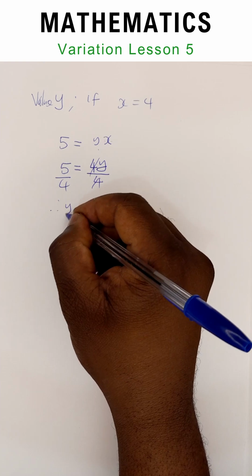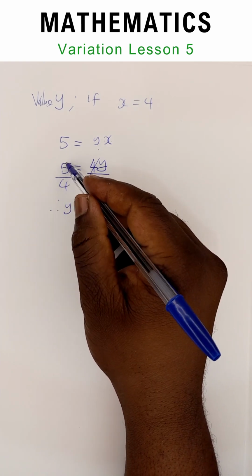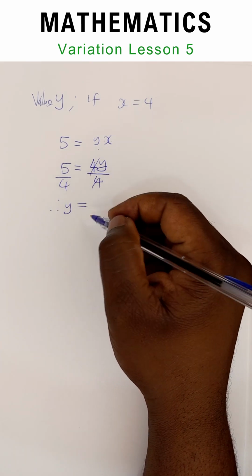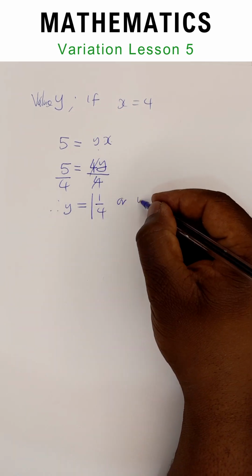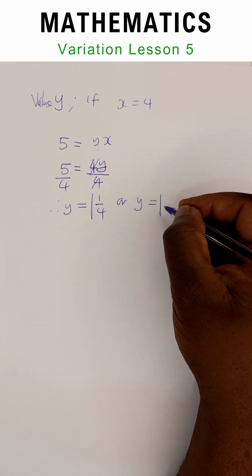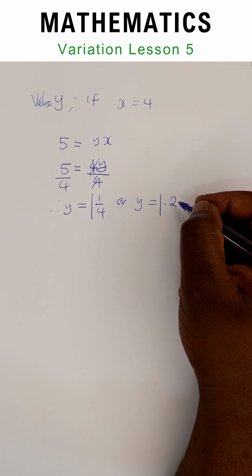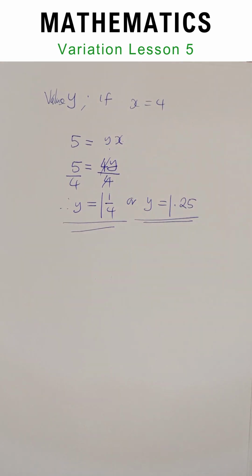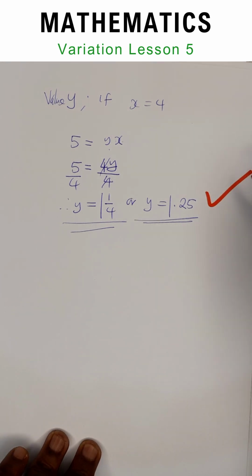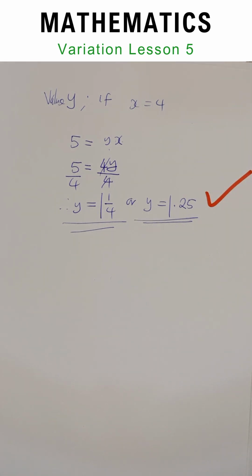Therefore, our y is equal to 24 over 4, or we can reduce it further. y is equal to 6. This will be our correct answer, and the teacher or the examiner will be happy to mark you that one correct.